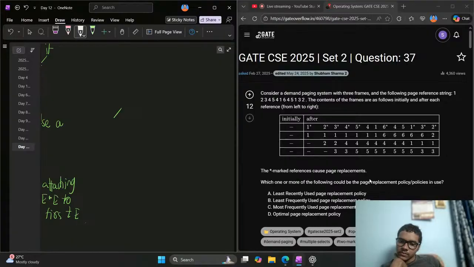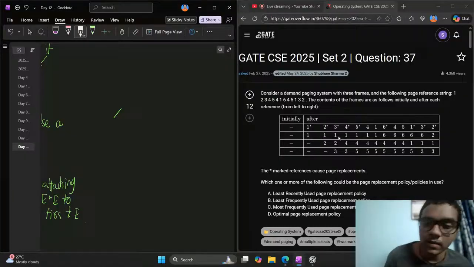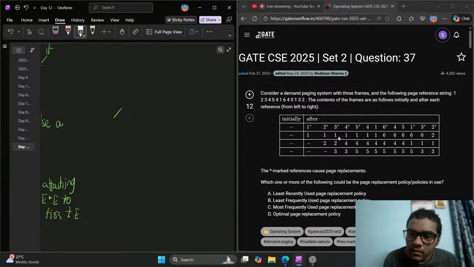Which one of the following could be the page replacement policies? 1 2 3 4 5 4 1 6 4 5 1 3 2. The contents of the frame are as follows initially. So initially the contents are 0.